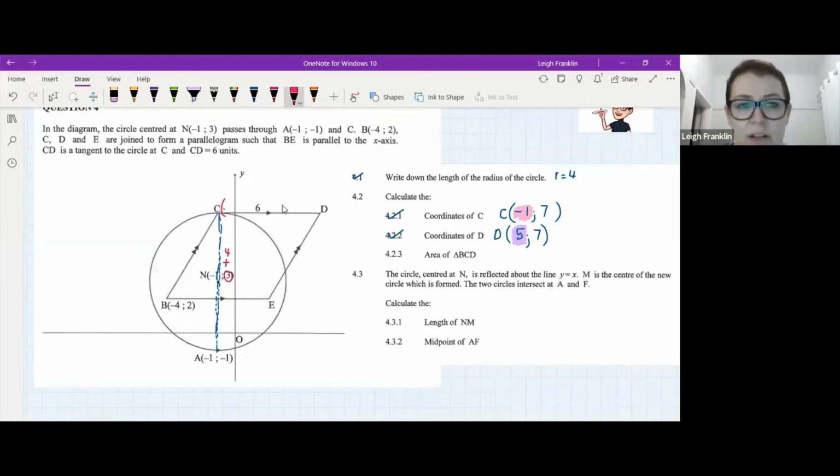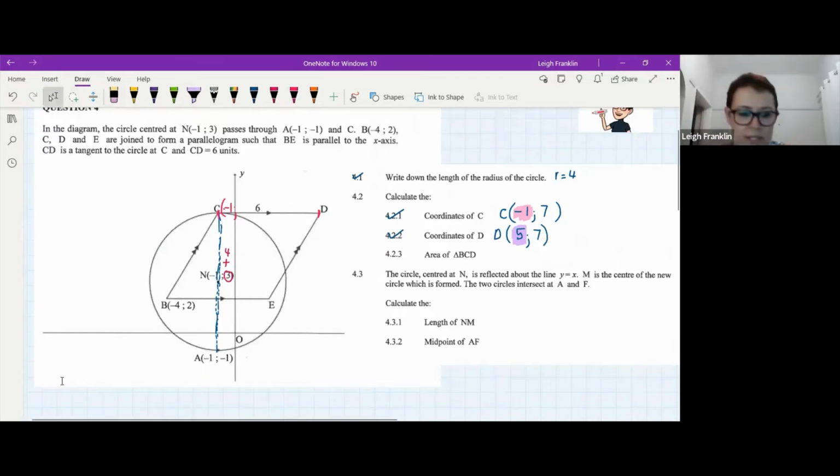At C, the x coordinate is -1. And when you go from C to D, the length of CD is 6 units. So you've literally said -1 plus 6, and that's where the 5 has come from. Oh, I see. Thank you, ma'am. Does that make sense? Good. Yes, ma'am. Lovely, well done.